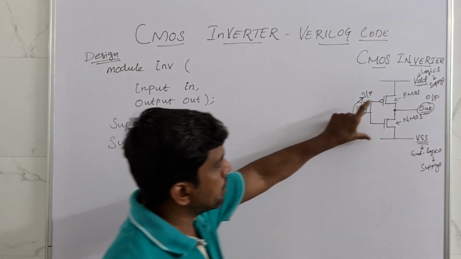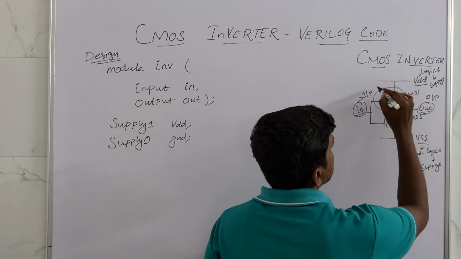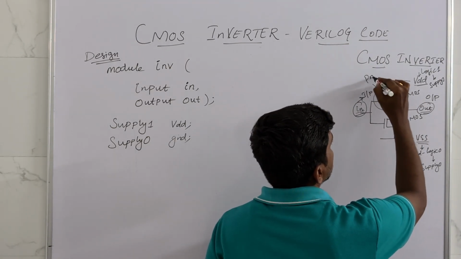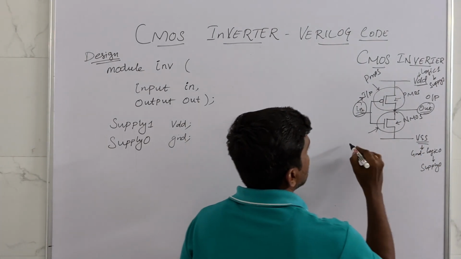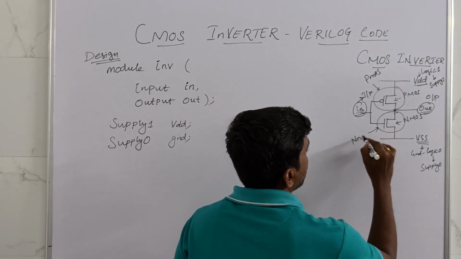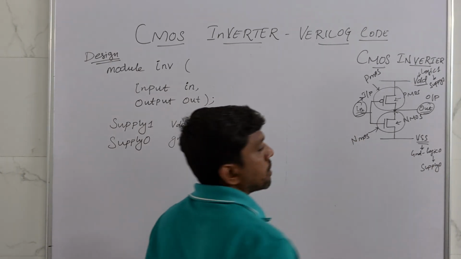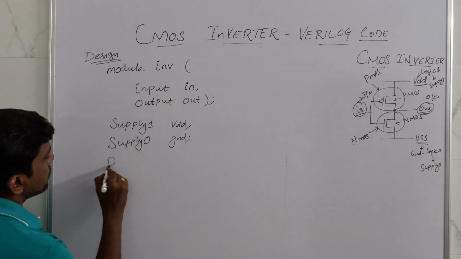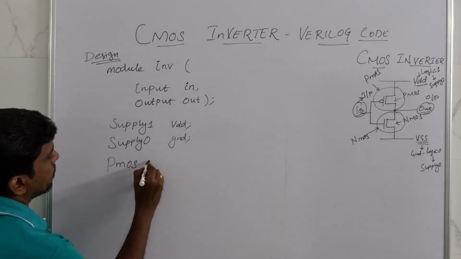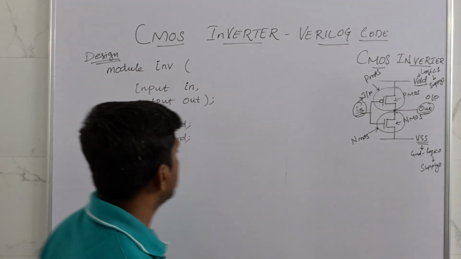In this structure we have two components. The first component is called the PMOS transistor. The second component is called the NMOS transistor. For PMOS, P1 is the component name.